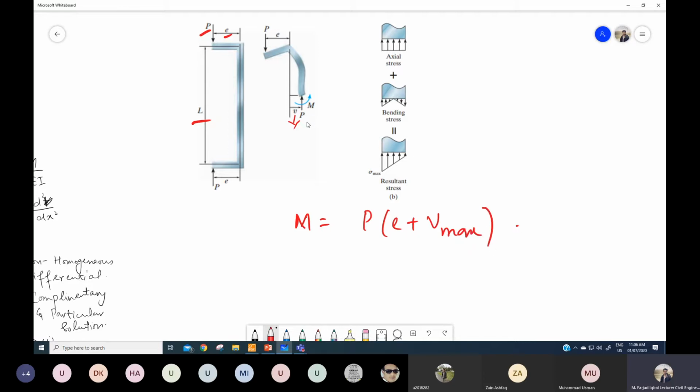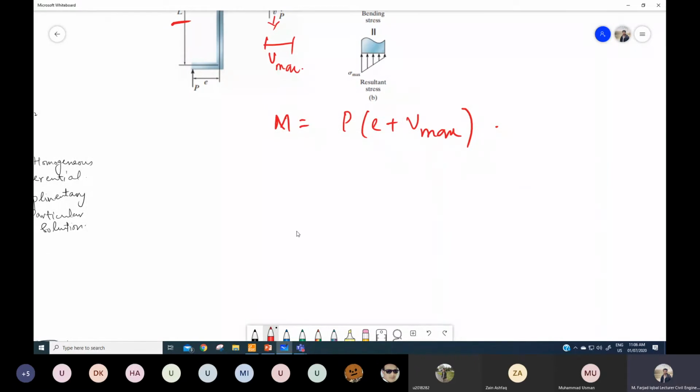For any random deflection, we initially wrote the equation P into E plus V, but now if we want to write the equation for maximum deflection, let's say it is somewhere at this point, so the equation of moment will be something like this. P is the applied load, E is the eccentricity, and V is the maximum deflection.